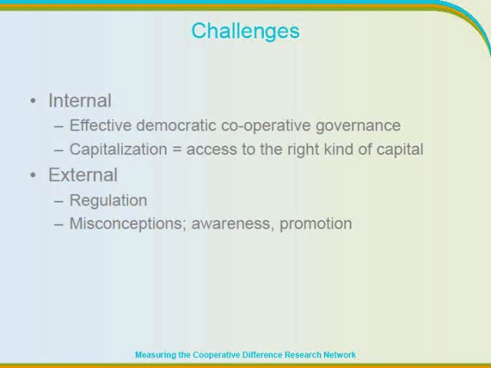So each type of cooperative obviously will have different issues, but for the most part we're adopting the hierarchical governance that really isn't quite fitting with many, especially not worker cooperative models.